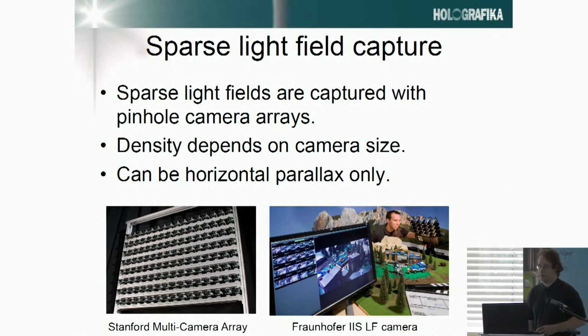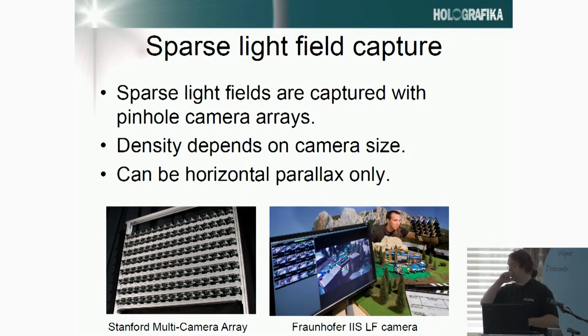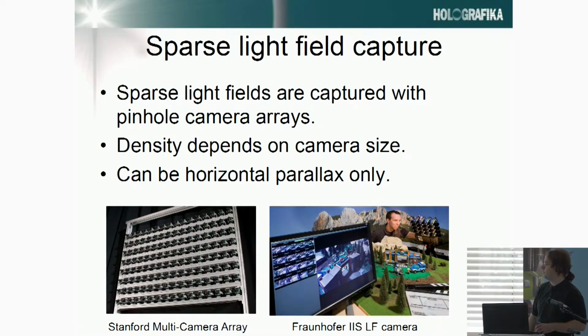Okay, what we are much more interested in, which is much closer to our light field displays, is sparse light field capture, where you have a huge number of cameras mounted to some kind of rack, like the Stanford camera or the Fraunhofer IIS light field camera. Again, this can be a horizontal parallax only camera system, where you only have the cameras on some kind of arc or line, or it can be full parallax, so a horizontal and vertical parallax system like these two.